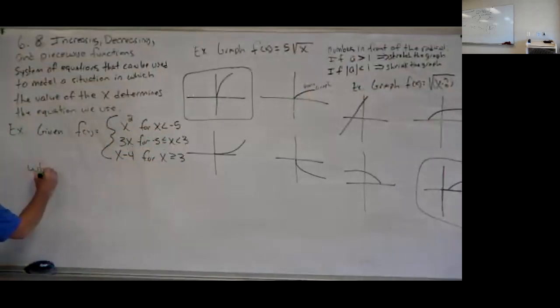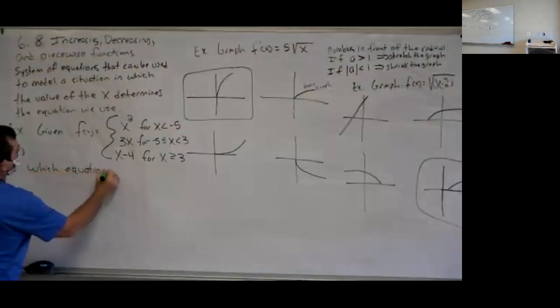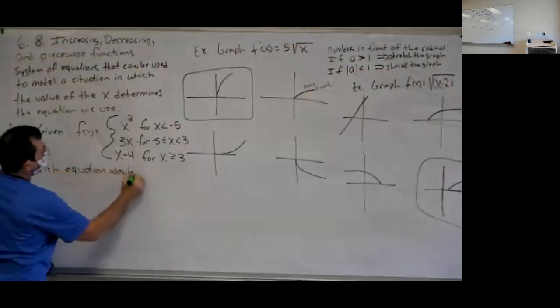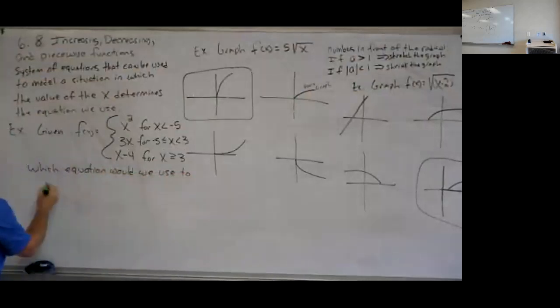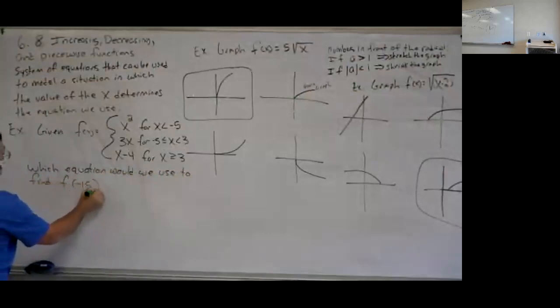So which equation would we use to find f of -15? If my x was -15, would I use the top equation, middle equation, or the bottom equation?